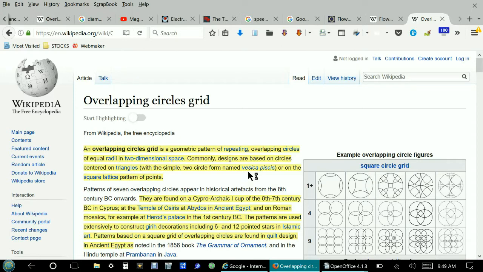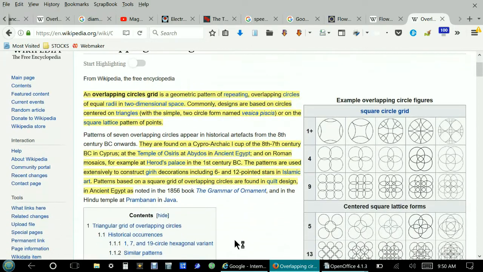The vesica Pisces is that deep space within everything. They are found, these overlapping circles, in a Cypro-Archaic cup of the 8th and 7th century BC in Cyprus, the Temple of Osiris in Abydos, Egypt, on Roman mosaics, for example, Herod's palace of the 1st century, etc.